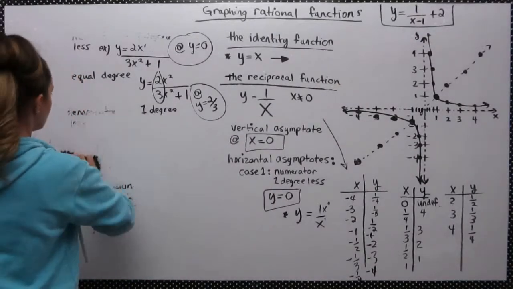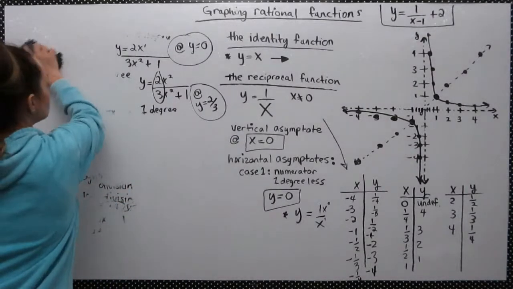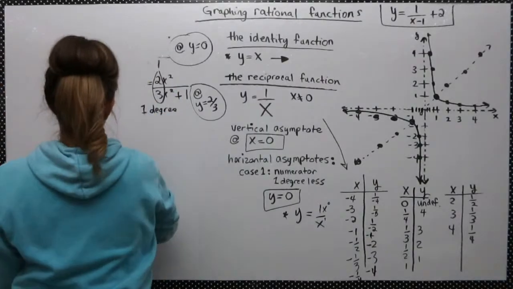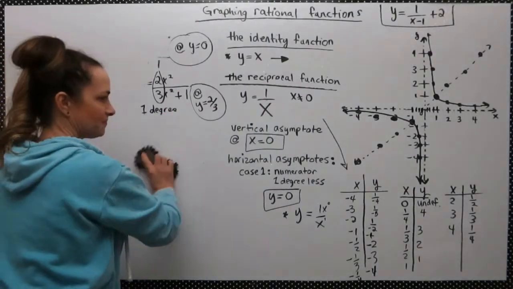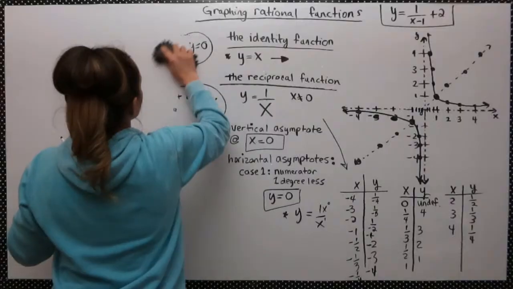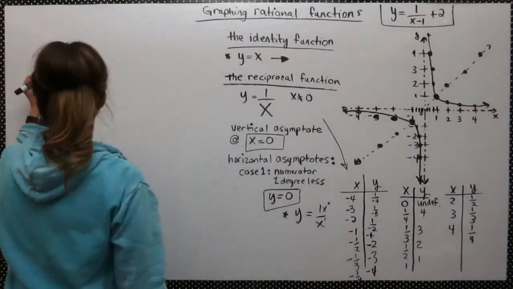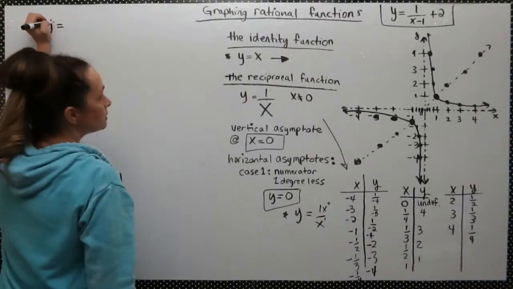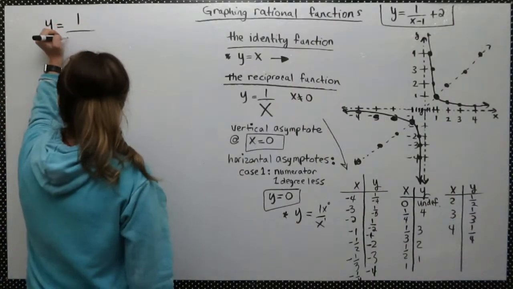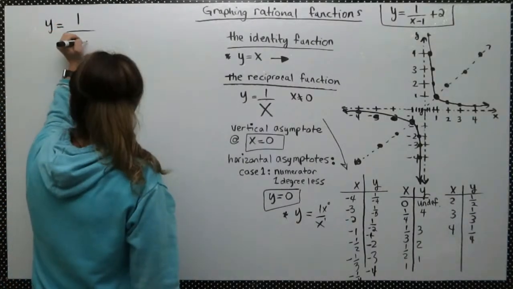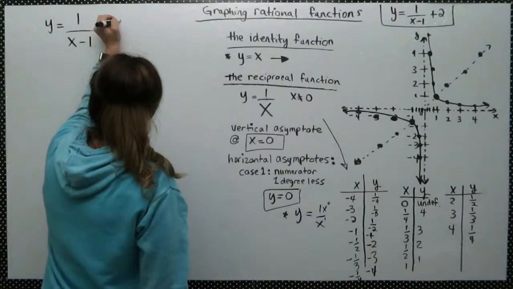I just want to erase half of the board to write this in here. So we have this function, y equals 1 over x minus 1 plus 2.